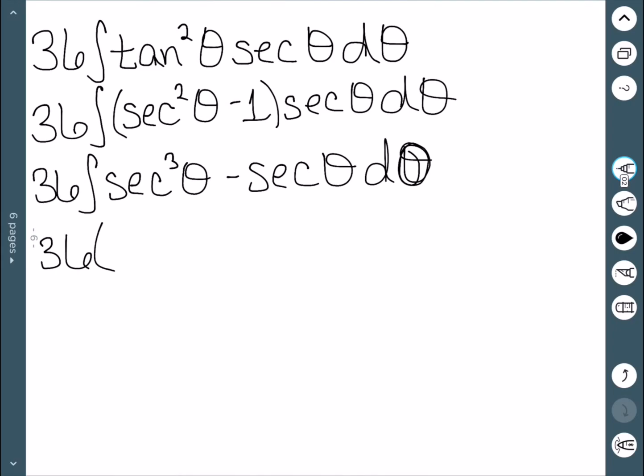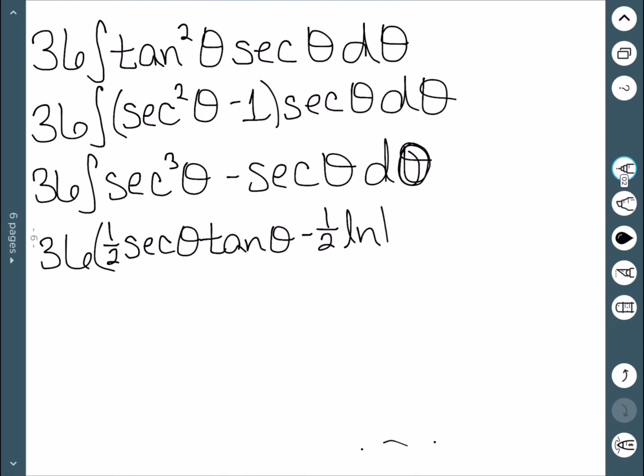Using the reduction formula for secant cubed and evaluating the integral of secant theta gives us that this is 1/2 secant theta tangent theta minus 1/2 times ln of secant theta plus tangent theta plus c.